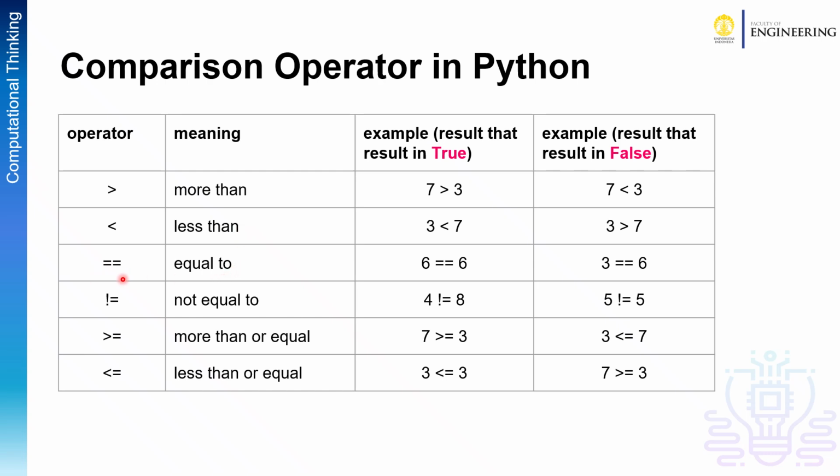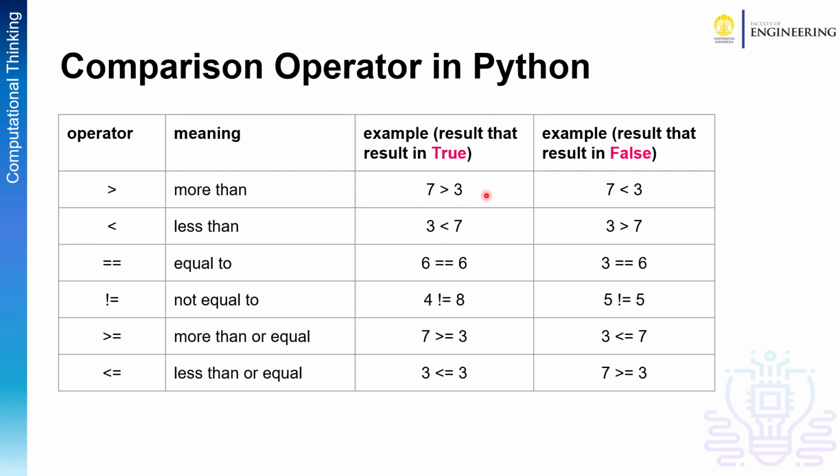So remember to type the equal sign twice. And we also have not equal to, more than or equal to, and the last one is less than or equal to. In the next table, we can see examples of statements using the operators.